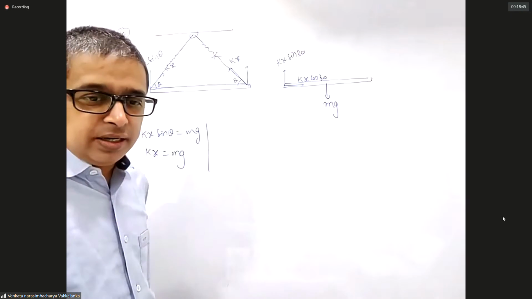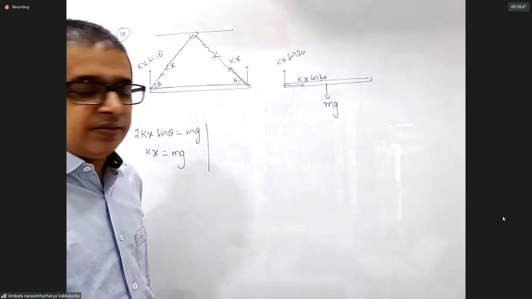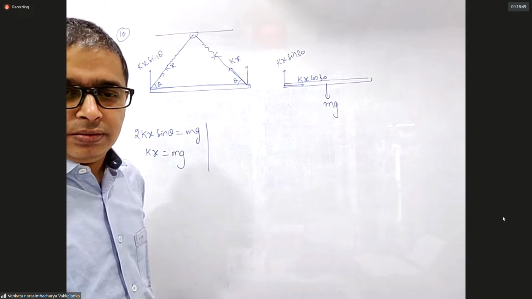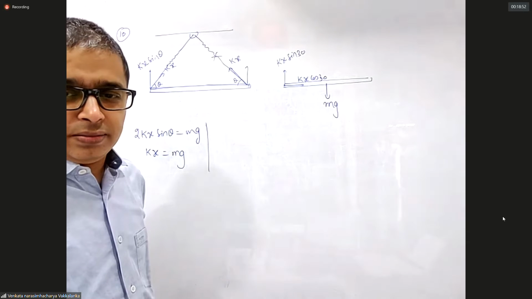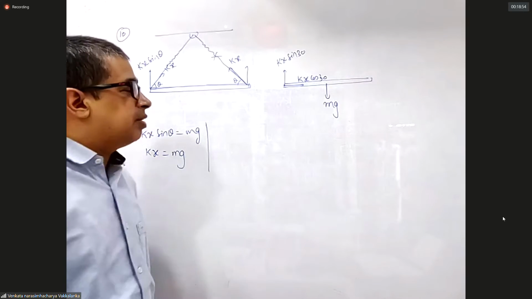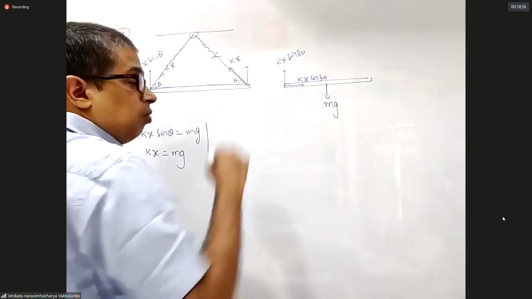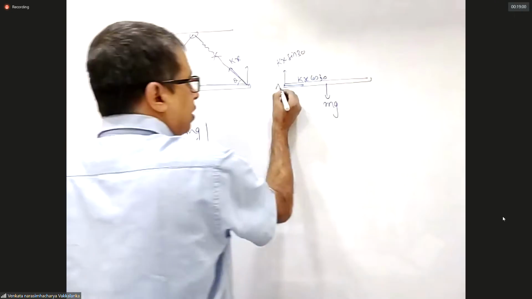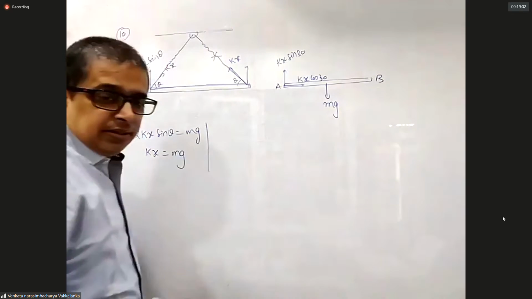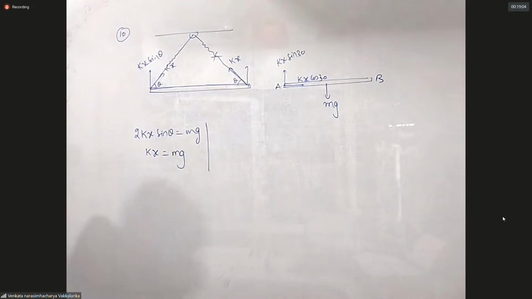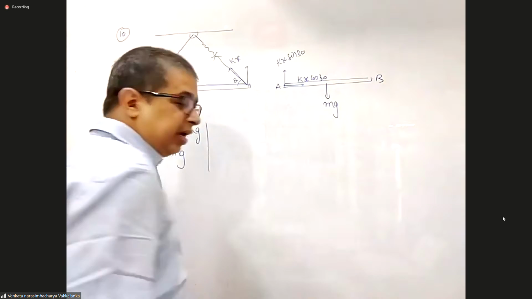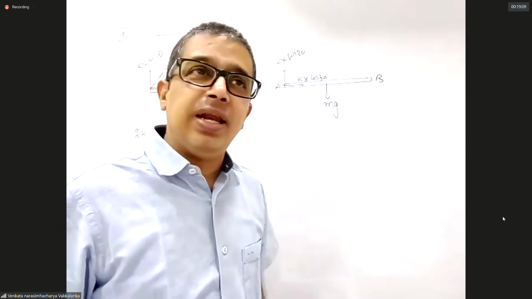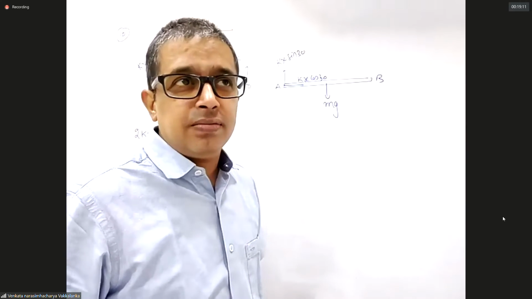Now, what do they need? Angular acceleration of the bar AB. Alpha I should get. To get alpha, I'll have to calculate the torque.